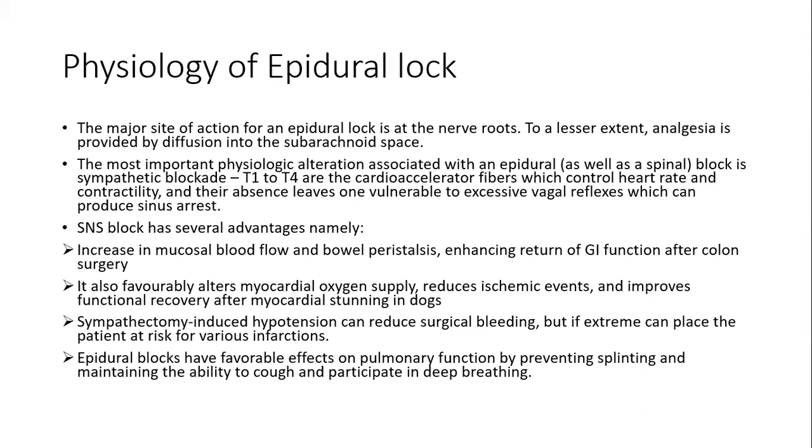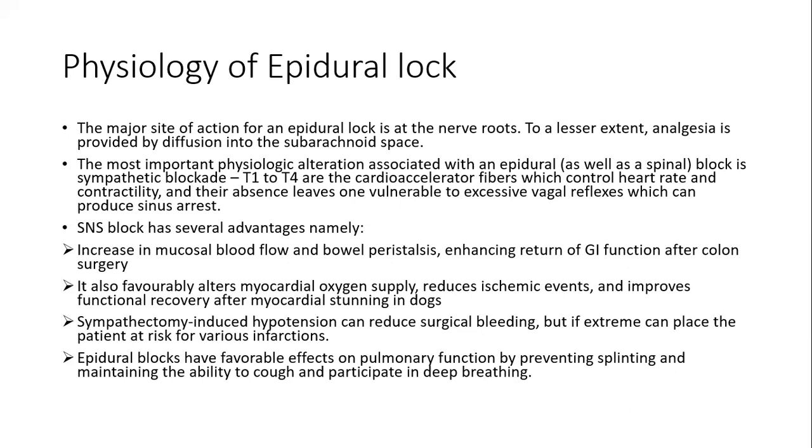I mentioned this before. Sympathetic nervous system block has several advantages. It increases mucosal blood flow and increases bowel peristalsis. This is one of the advantages that neuraxial block has, because it enhances return of GI function after surgery.